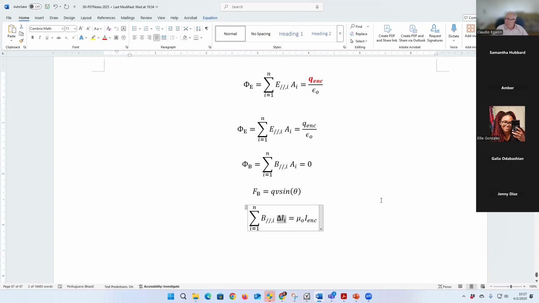Here is area. Here is a section of the abstract loop. And we will be able to solve some problems.